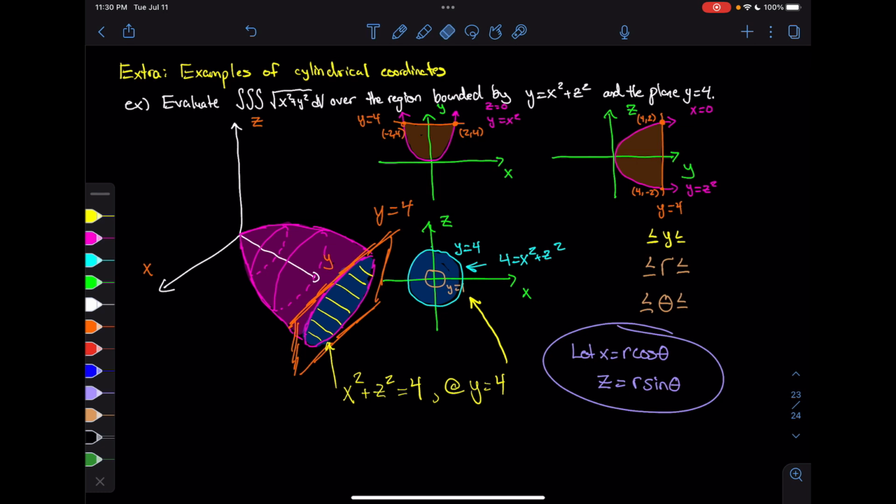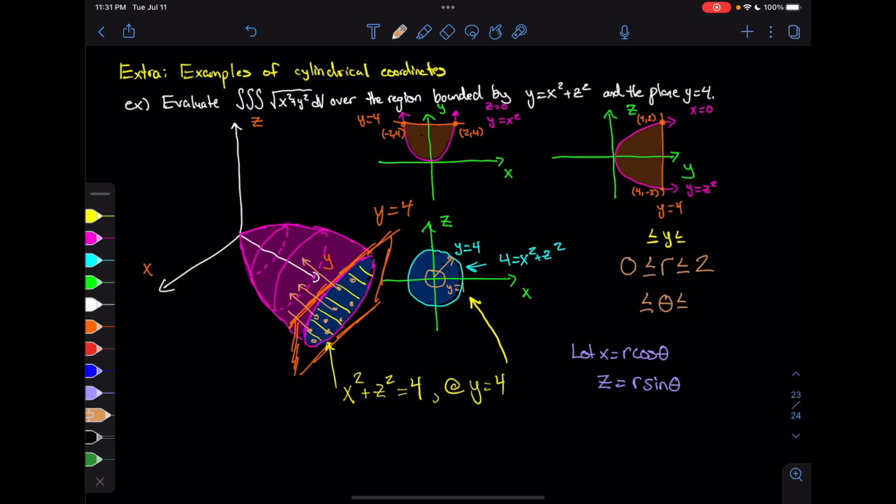So x equals r cosine theta, z equals r sine theta. Well, what is my r going to be? This is a circle at its fattest point. This is a circle of radius 2, and we want to cover the entire circle. We want to get every single point that is on this circle and above it going this direction. That's our goal. So r goes from 0 to 2, theta goes from 0 to 2 pi.